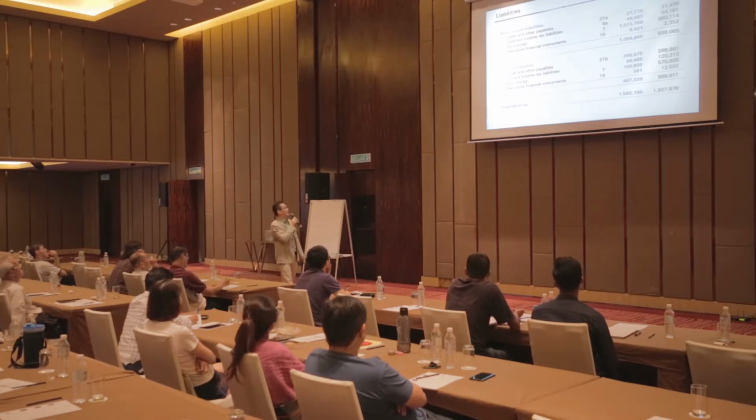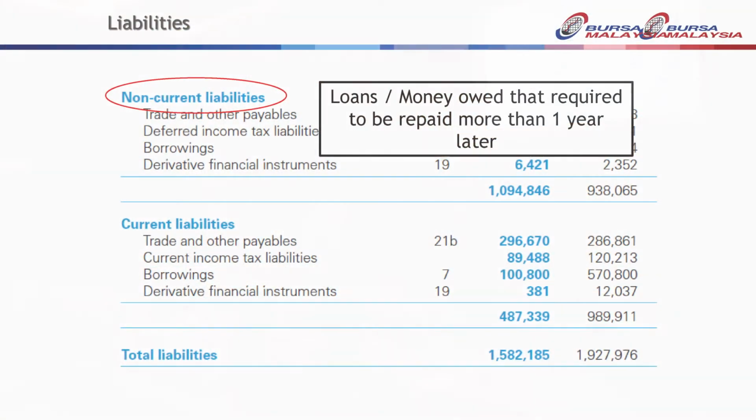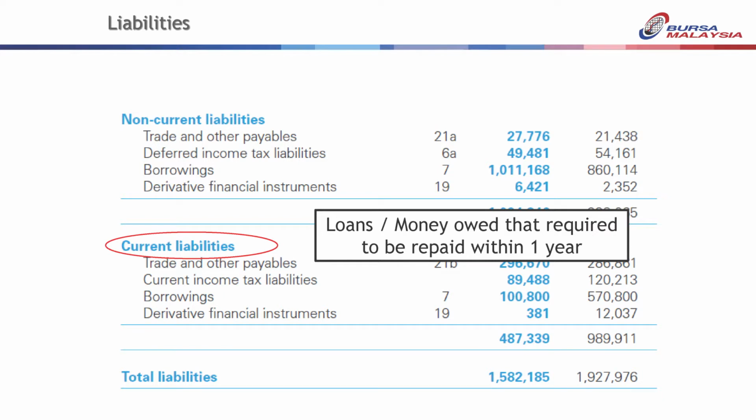You have non-current and current. Non-current is money that you owe that has to be repaid more than 1 year later, so of course borrowings. Current is money that you owe that has to be repaid within the next 1 year.